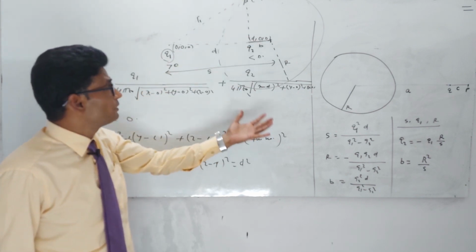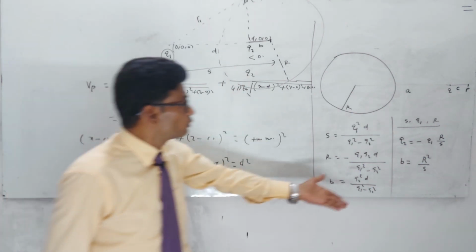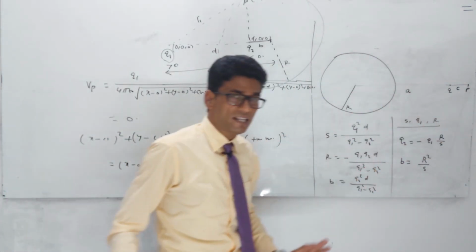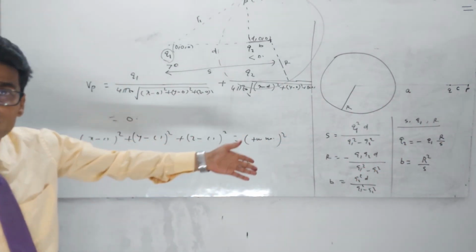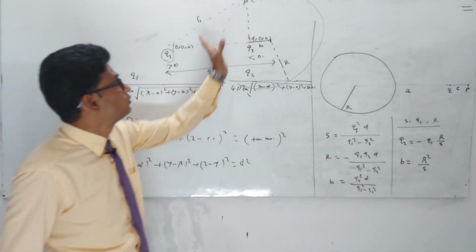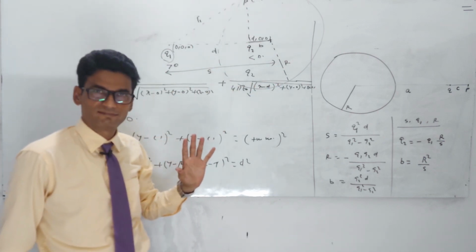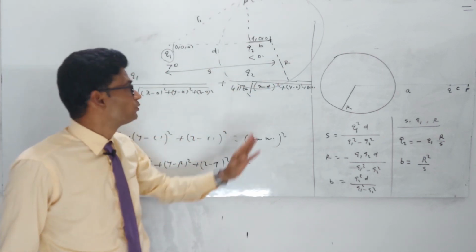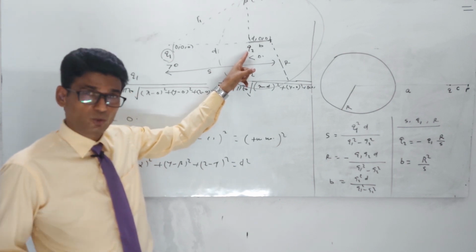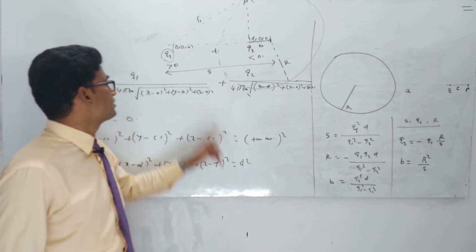Or in fact bring the charge q2, or take charge q2 as minus q1 r by s. Then no need to find the charges or no need to put the charge on the sphere. So this is not a real charge. So this is known as the image charge of this q1.